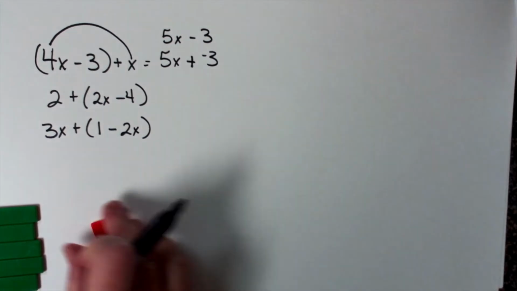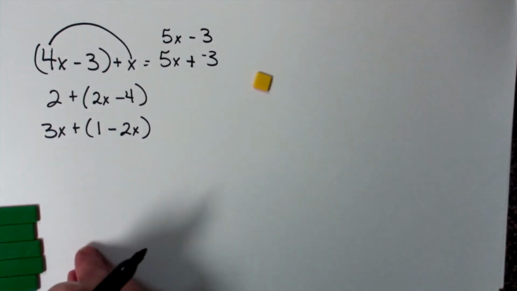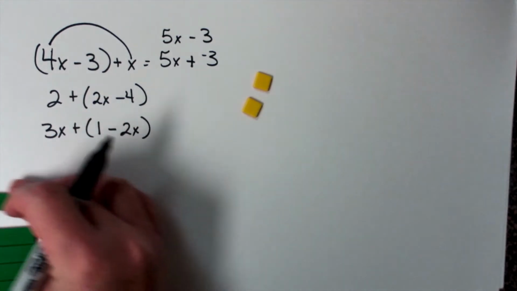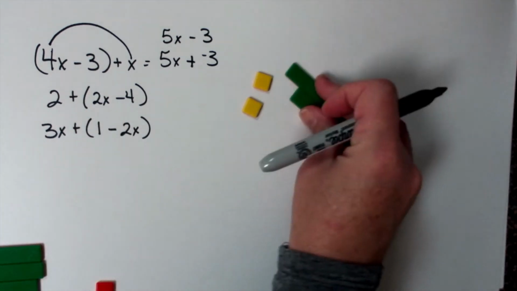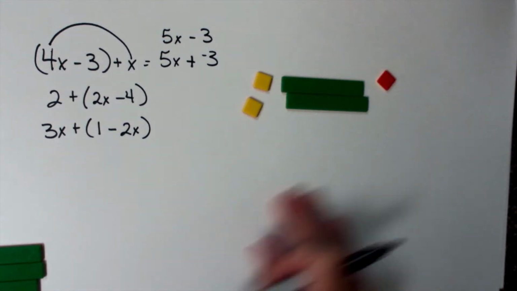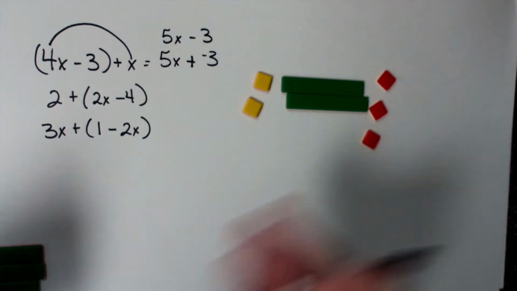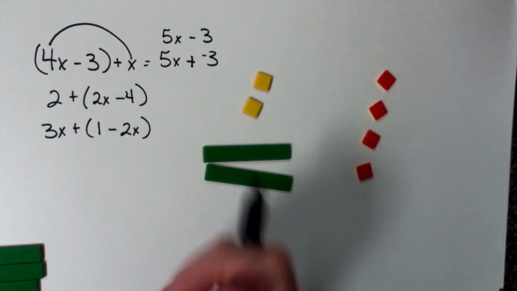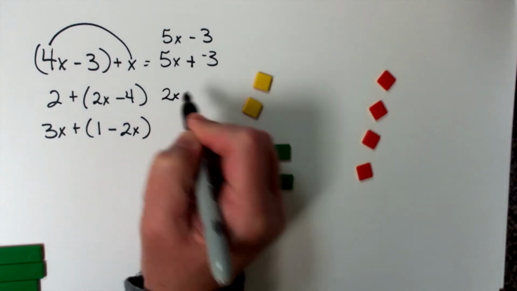So now I've got 2, so let's do positive 2. I've got 2x, so I'm moving up my 2x, and I've got negative 4. Do I have like terms? Well, we know we have the 2x, so I'm going to go ahead and pull that out.